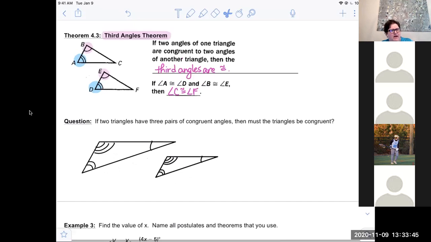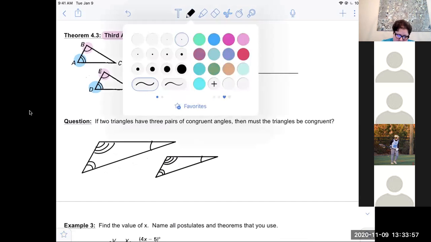So you have to be careful, because if I give you all three pairs of congruent angles, but you don't know any side lengths, the triangles are not necessarily congruent. Maybe they are, but they don't have to be.